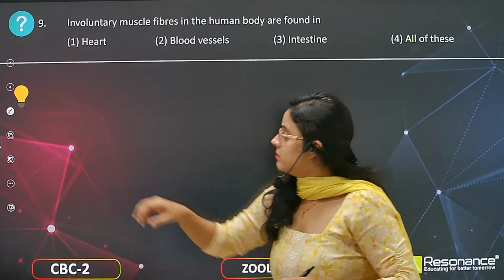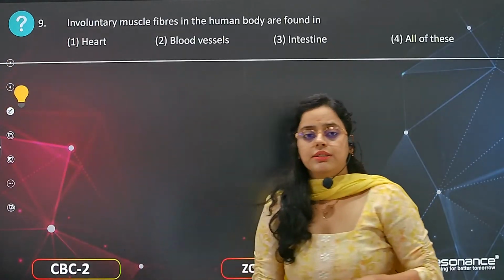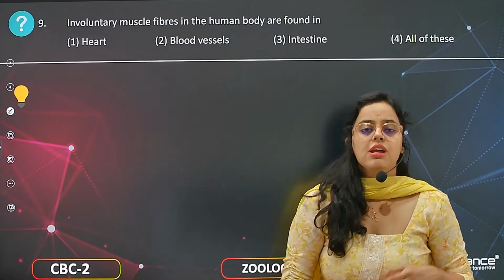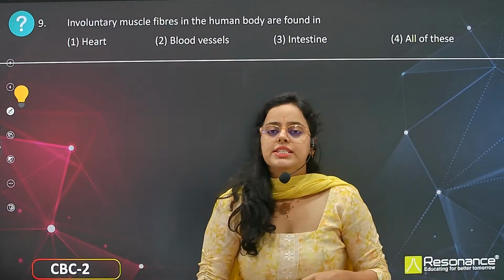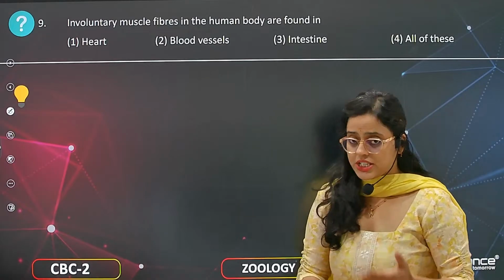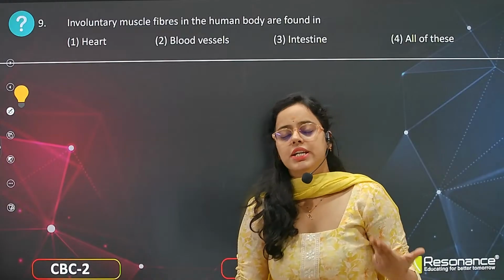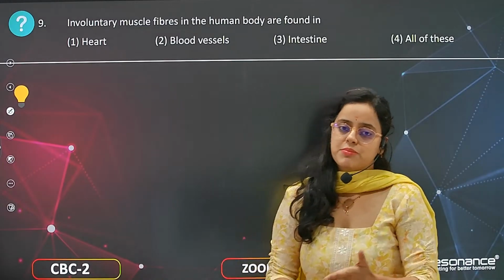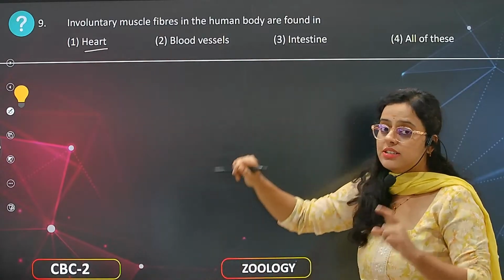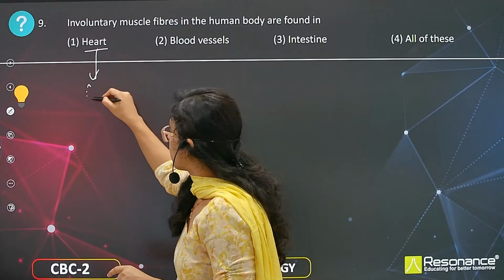Now coming to the next question. Ninth: involuntary muscle fibers in the human body are found in heart, blood vessels, intestine, all of these. Involuntary muscles, as I have discussed just now, are present in the heart, blood vessels, intestine, the respiratory system, and the excretory system. So the heart, blood vessels and intestine consist of involuntary muscle fibers. The heart consists of cardiac muscle.